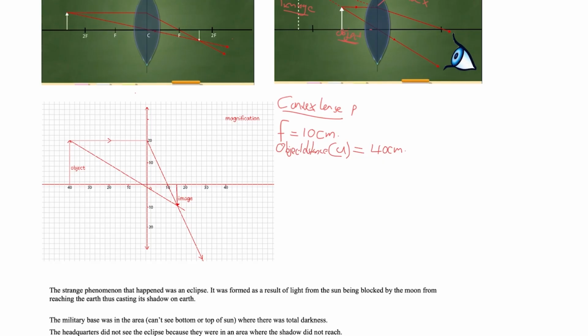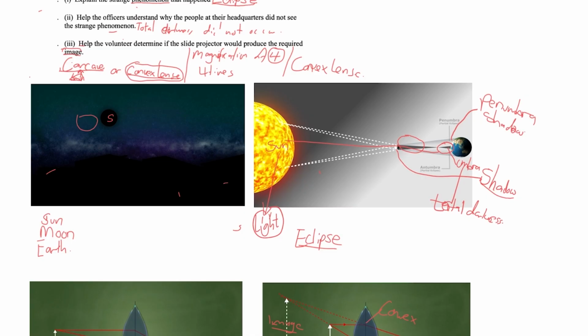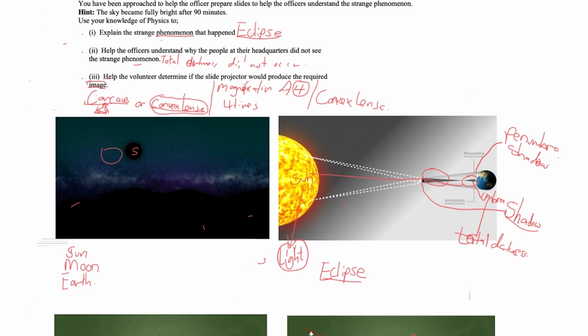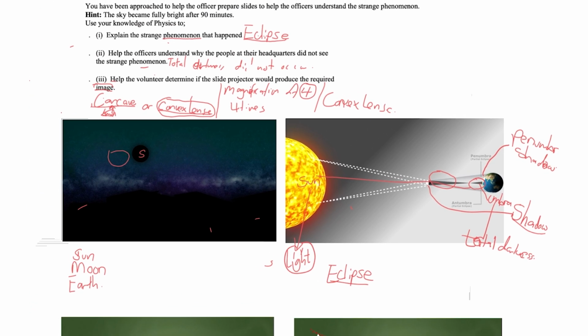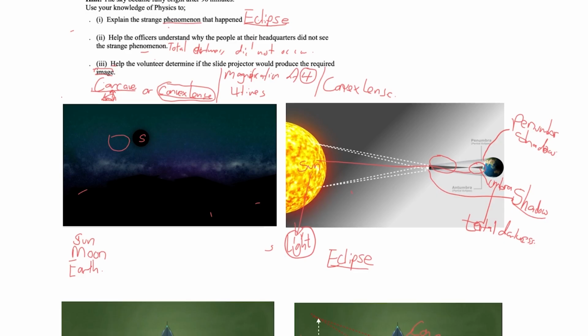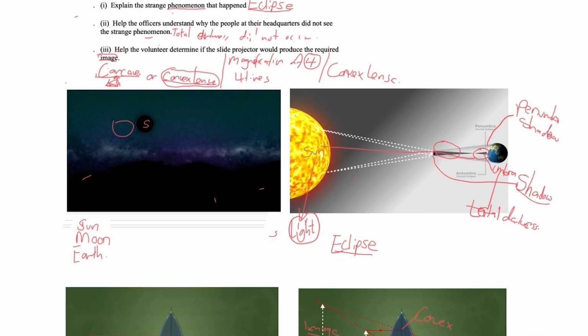And lastly, we have been given that this lens must produce a magnification of what? Of 4. So once we see that this lens produces a magnification of 4, therefore we can now conclude by saying yes, the projector would be producing the required image.